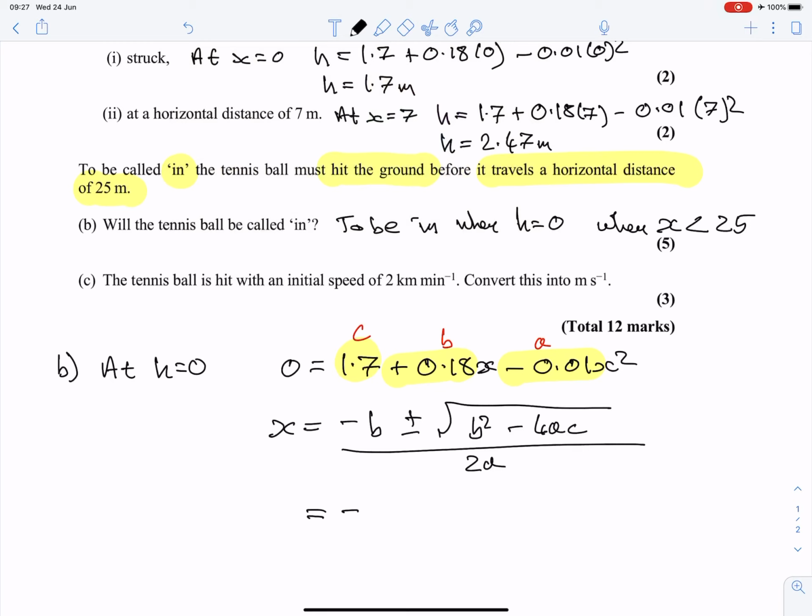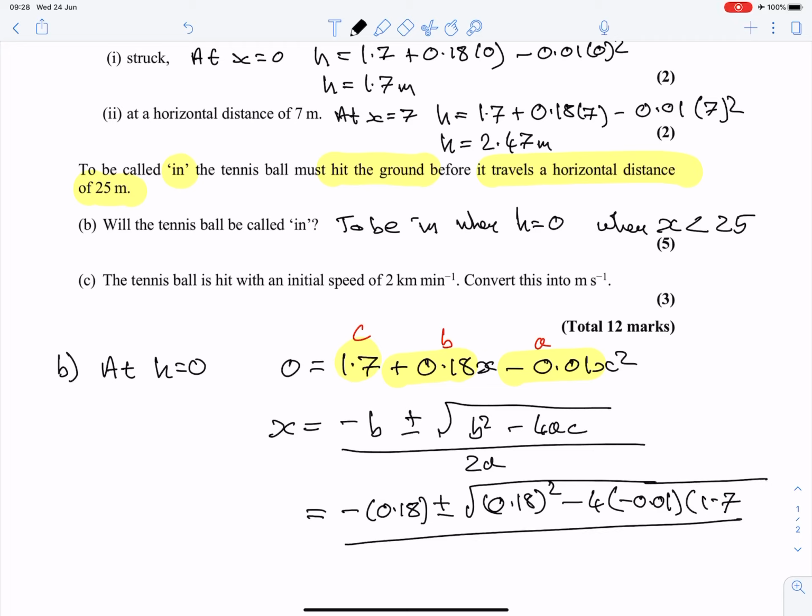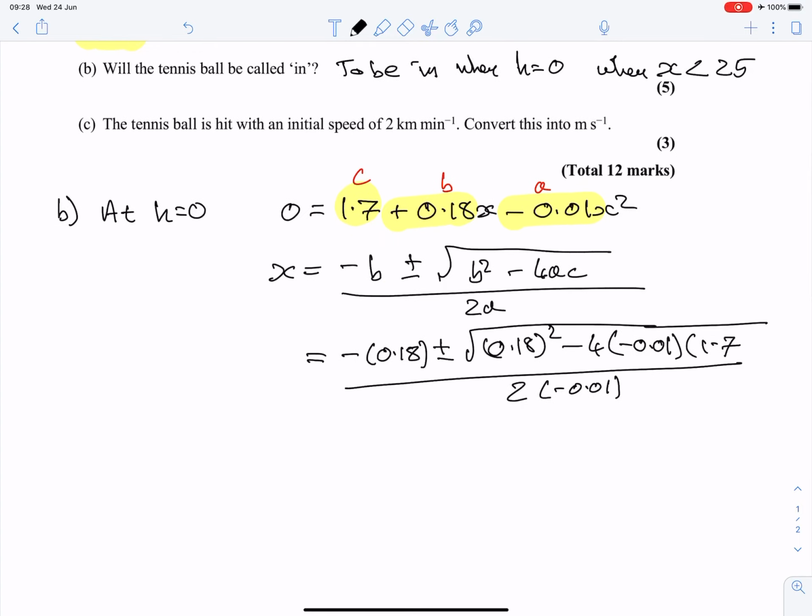So we're going to get negative b, so negative 0.18 plus or minus the square root of 0.18 squared minus 4 lots of a, which is negative 0.01, times c, which is 1.7, all over 2 lots of negative 0.01. Tap it in the calculator.